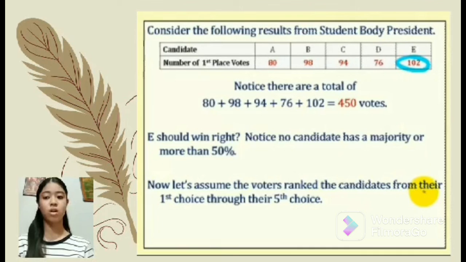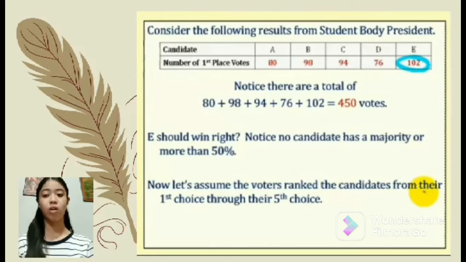Here is the example. Consider the following result for student body president. Candidates and number of first place votes: candidate A has 80, candidate B has 98, candidate C has 94, candidate D has 76, and candidate E has 102.